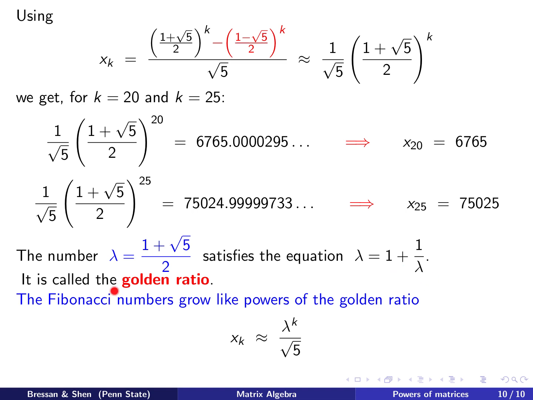This is called the golden ratio. So you can say that Fibonacci numbers grow like powers of the golden ratio. So xk is approximately, actually very closely related to, lambda to the k over square root of 5. Isn't that neat? I think so.